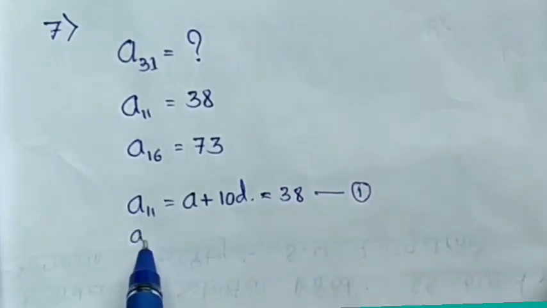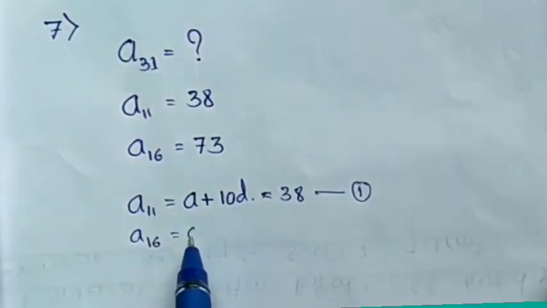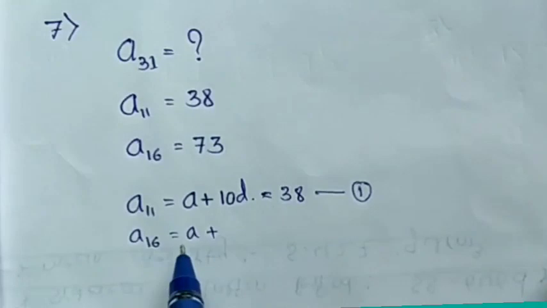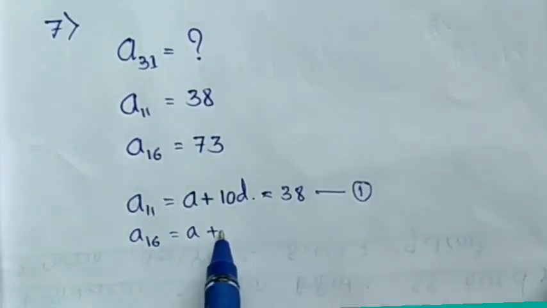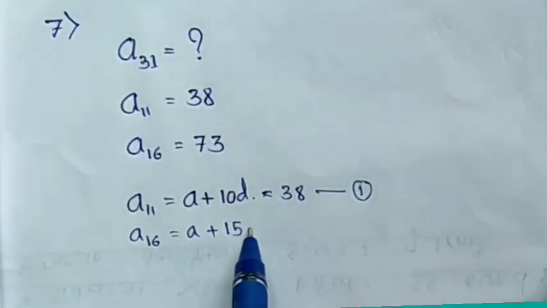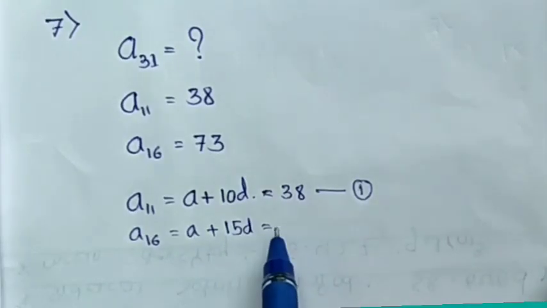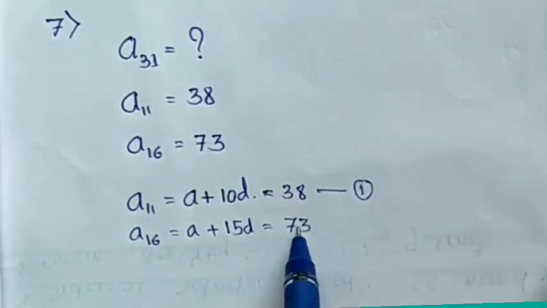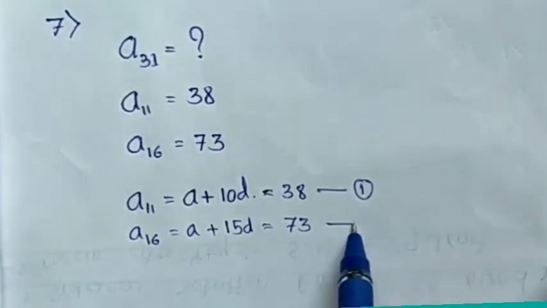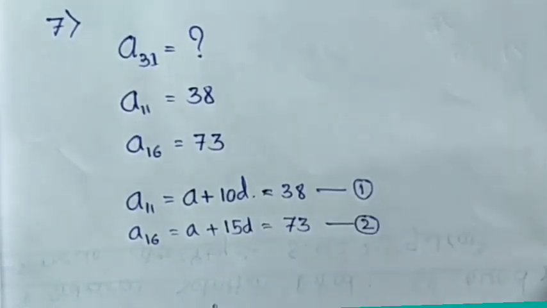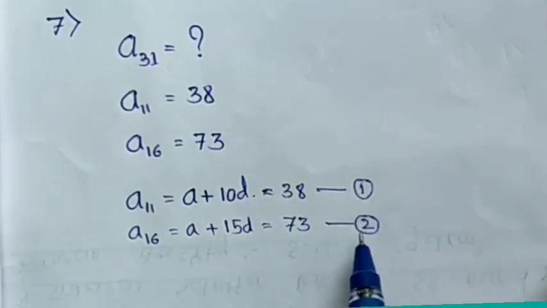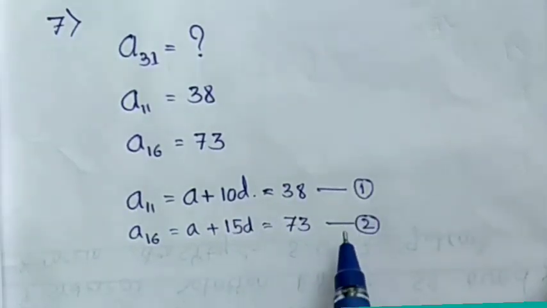Similarly, A16 they have given, how will we write? a plus 1 less of this d, means 16 minus 1, it becomes 15d. So a plus 15d will be 73, already given, so it is equation number 2. Now, solving 1 and 2, how to do?